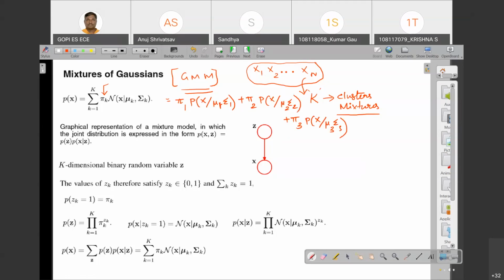This expression is the more general expression: a linear combination of 3 mixtures. K mixtures are happening in this, right?